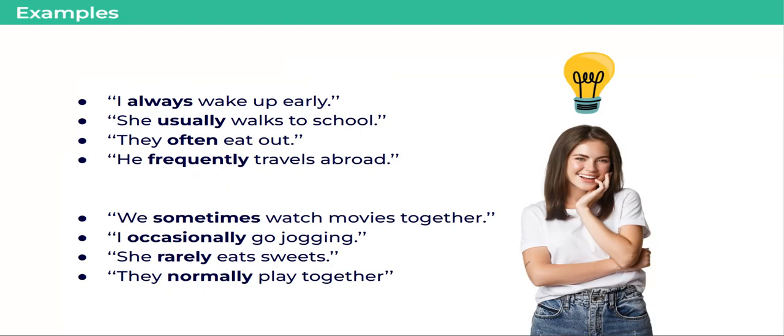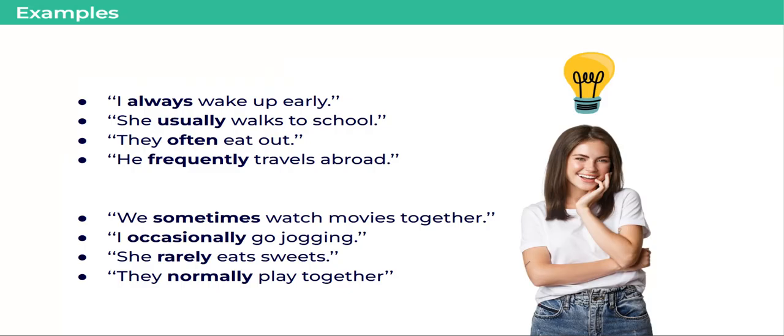So some examples would be, I always wake up early. She usually walks to school. They often eat out. He frequently travels abroad. We sometimes watch movies together. I occasionally go jogging.